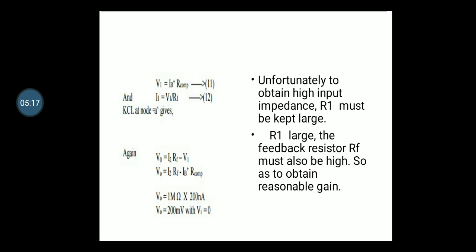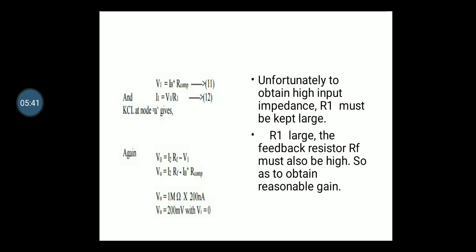Hence, with bias current compensation, we may get V1 is equal to IB plus R compensation, and finally, therefore, V0 is equal to RF times IB plus minus IB minus. So, V0 is equal to RF IOS.